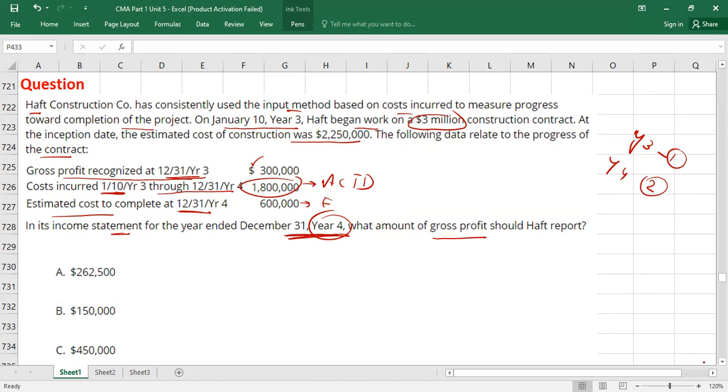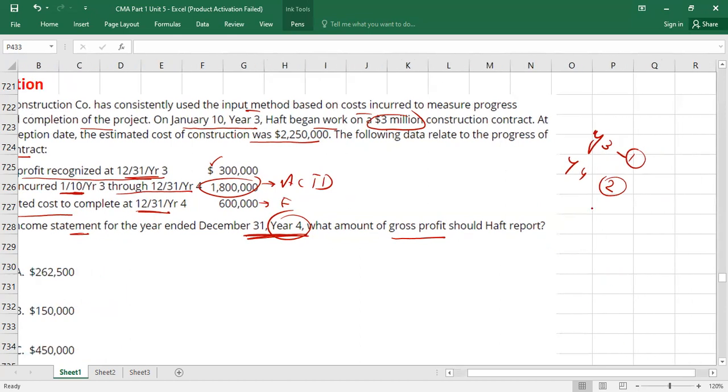So how will you calculate, guys? I told you, simply you have to first estimate the gross profit. How will you estimate the gross profit? Step number 1, you take the contract price, which is how much? 3 million given here, right? From there you deduct what? Total cost.